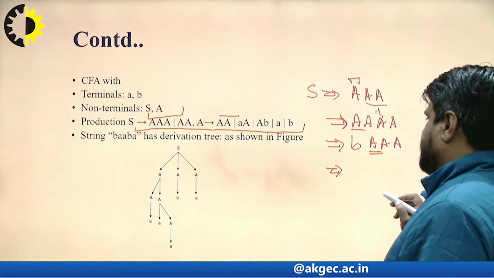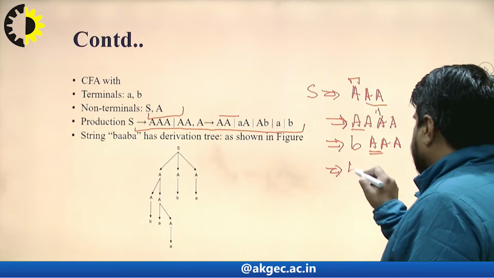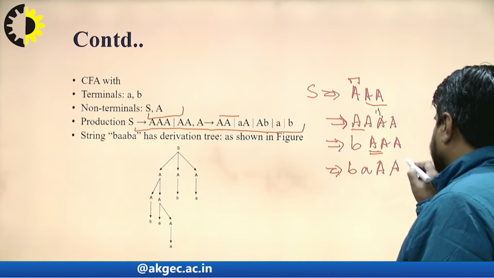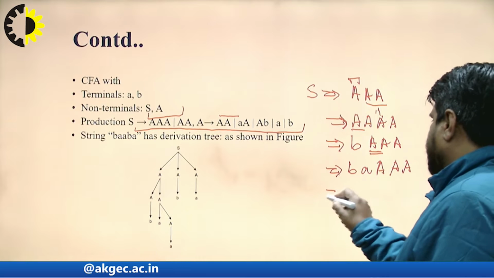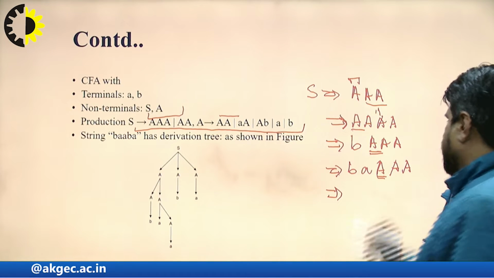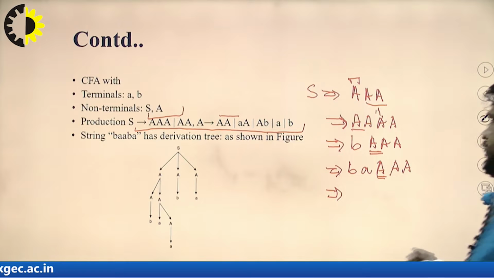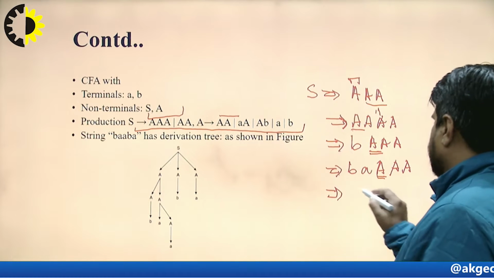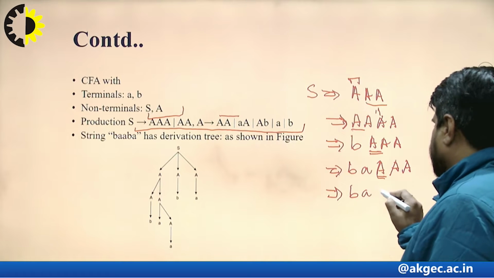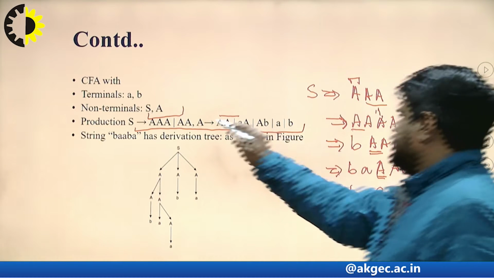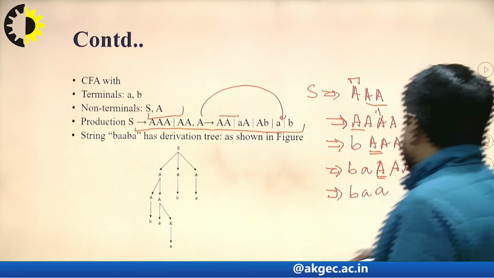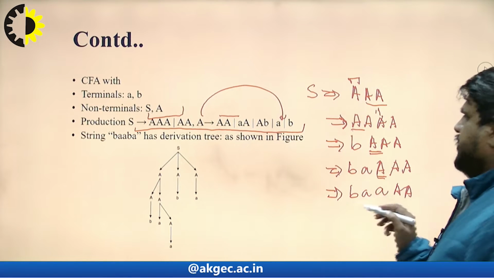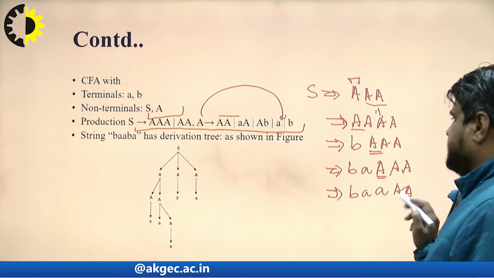I replace it by AA, so B A. Next non-terminal is A, so I replace it by another A as required, so AA. So B A. After that, A tends to A I use here, and the remaining is AA. What will be required at last is BA, so this A is replaced by B.